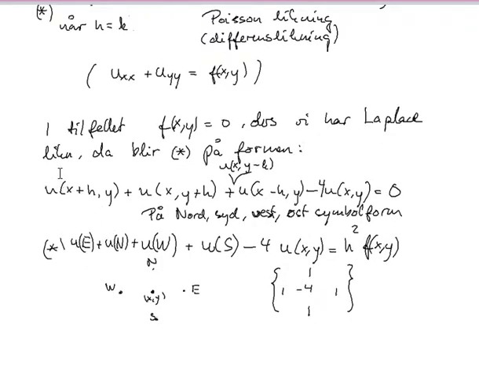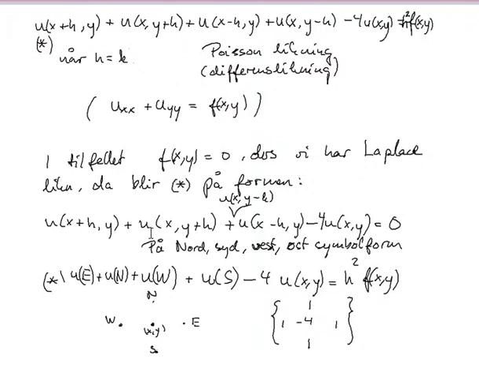So then we can call this u of capital E the east coordinate, and this is u of capital N, the north coordinate, and this is the west coordinate, and this is the south coordinate.